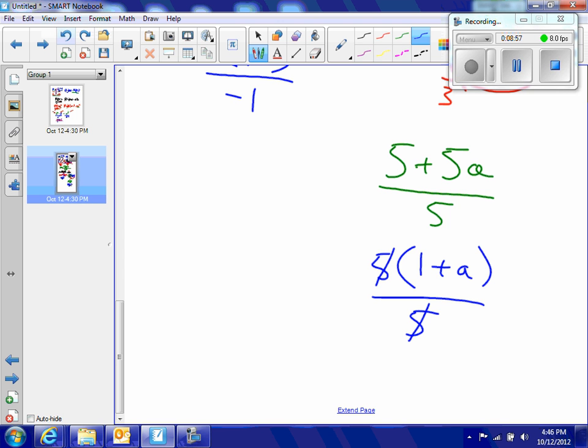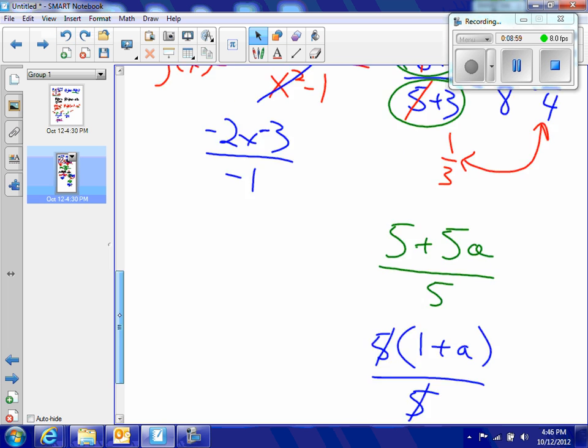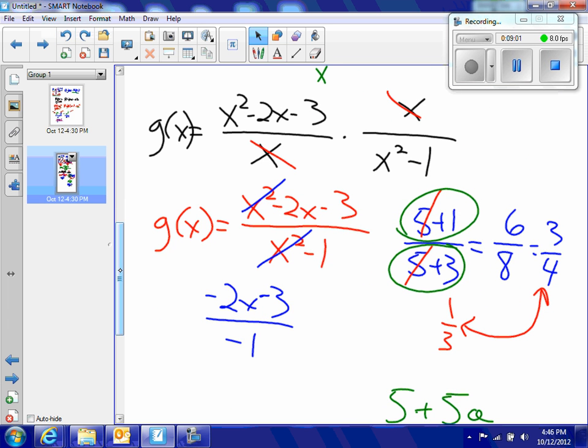So in order to cancel a denominator from a numerator, the denominator has to go into every single term of the numerator. And 5 plus 3 as a denominator does not go into 5 plus 1 as a numerator.